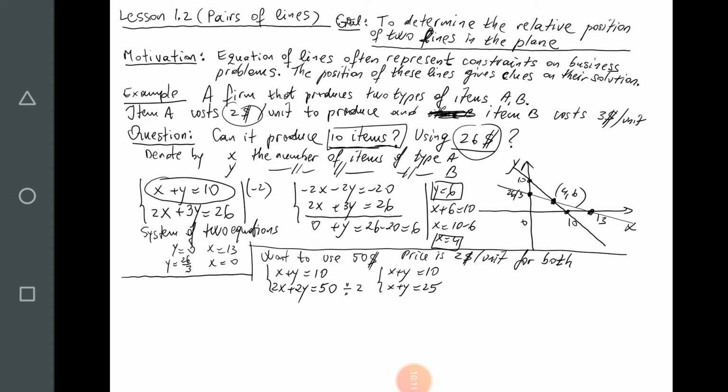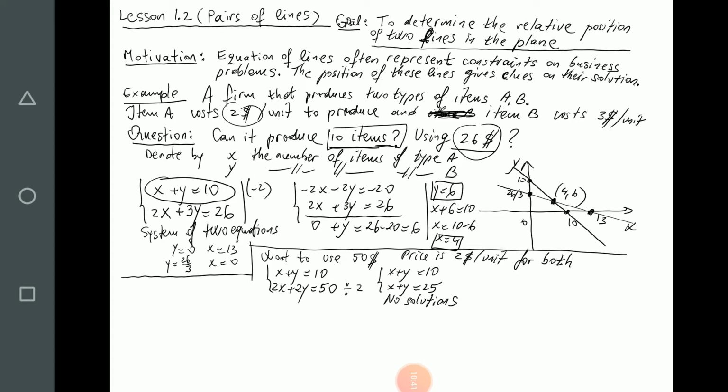It should be obvious, without even trying to solve the system, that there are no solutions for this system. I mean, the two equations cannot happen at the same time. Each of them independently, of course, has plenty of solutions. You can find infinitely many points on each line, but obviously x plus y cannot be simultaneously equal to 10 and 25 for any pair of points.